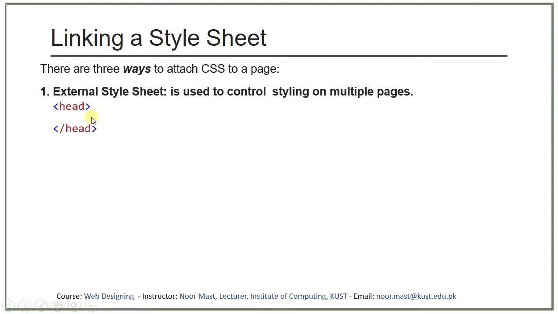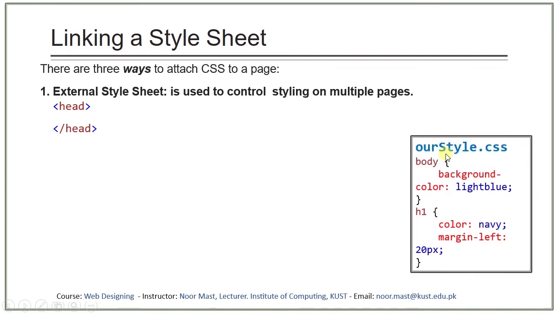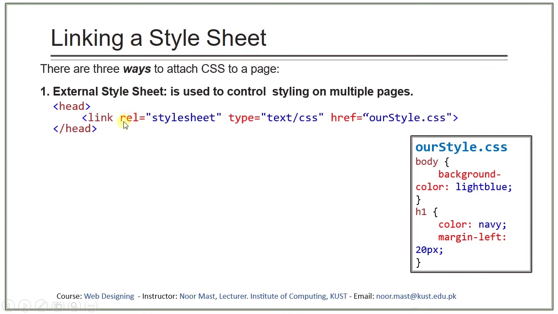Suppose there is a CSS file and its name is ourstyle.css. To link this file to a web page, look at this segment of code. In this segment of code, the link element has three attributes.